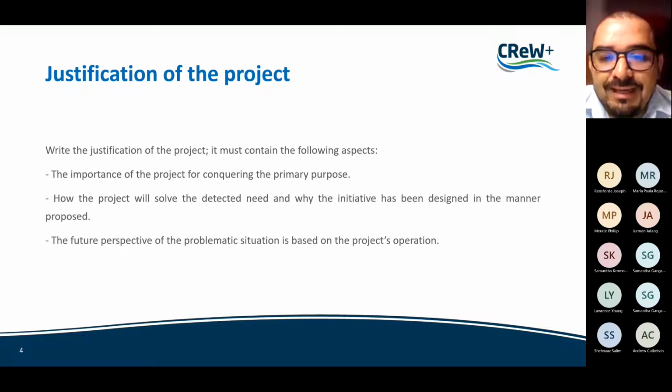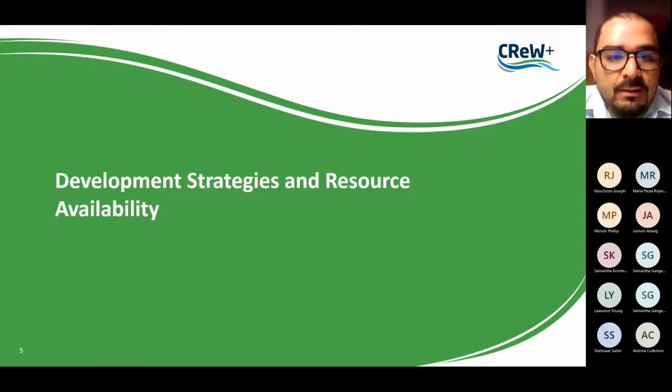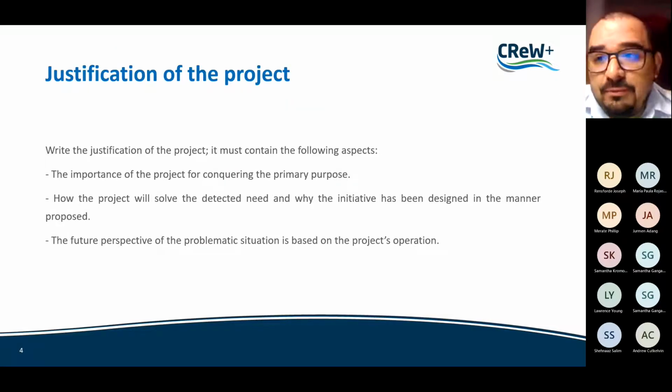It must contain the following aspects: the importance of the project for achieving the primary purpose, how the project will solve the detected need and why the initiative has been designed in the manner proposed, and also the future perspective of the problematic situation based on the project's operation. The justification is simple, it's just like one page with essentially those three topics.